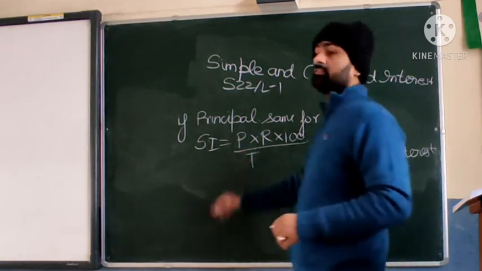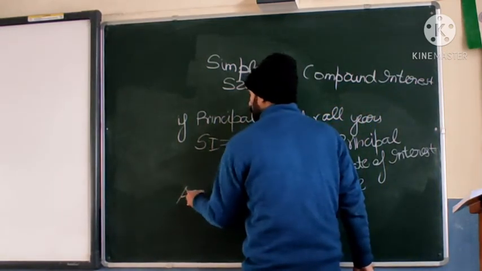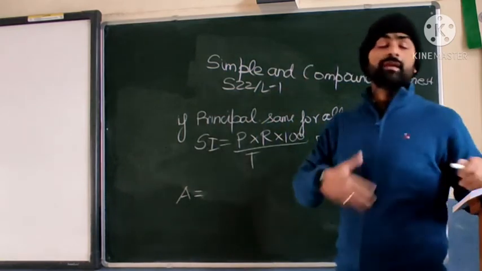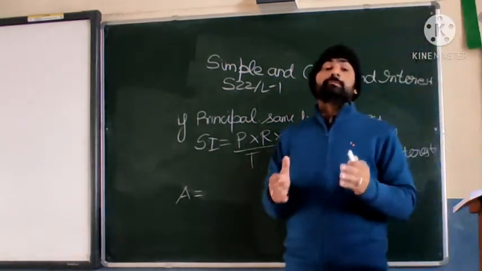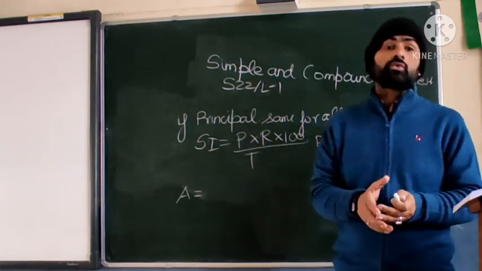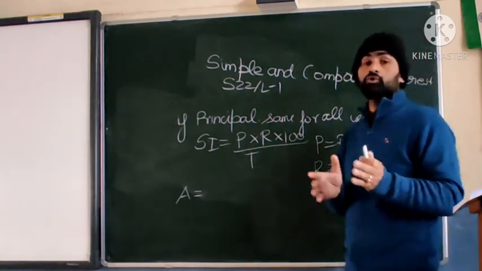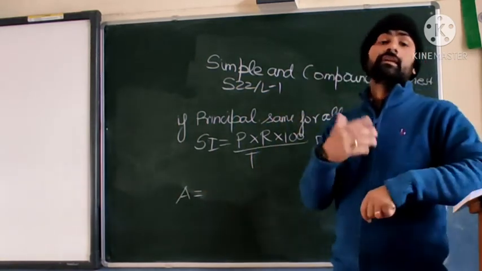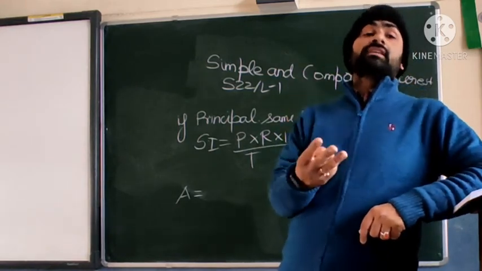Then there is one more thing which is called amount. What is amount? Amount is the total sum that you will pay to someone. That means amount is the principal added to the interest. So whatever extra money you are giving in addition to the original sum. Suppose you have given someone 1000 rupees and you are charging a 4% rate of interest.